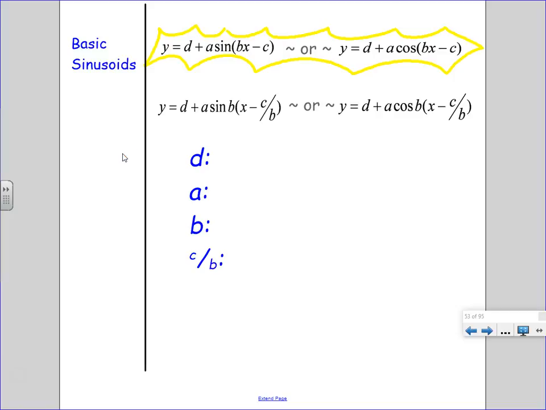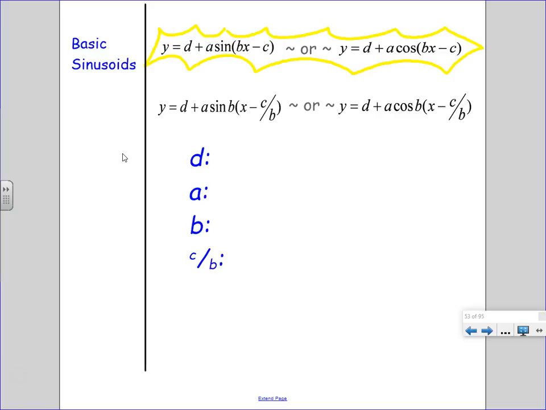Those are all of my possible shifts. And dilations or stretching, compressing, how do you say that? That's awkward. All the different possible dilations and translations.